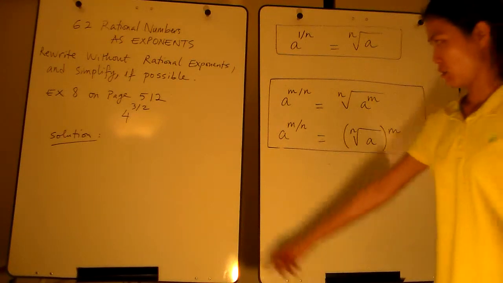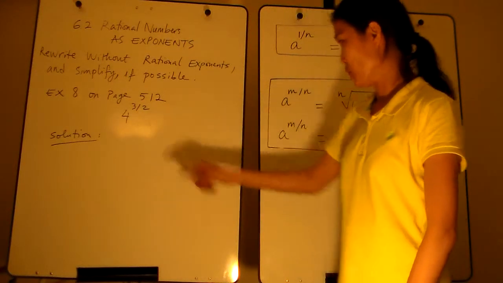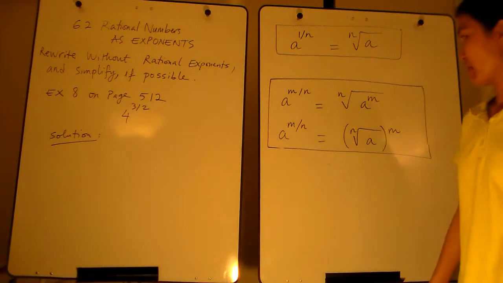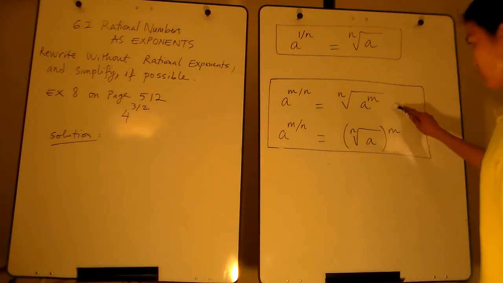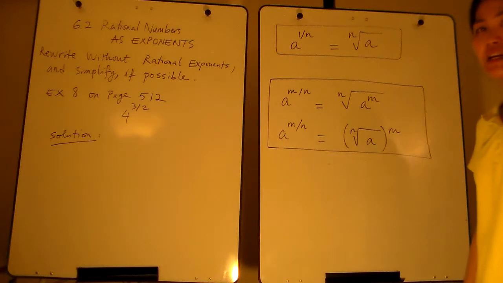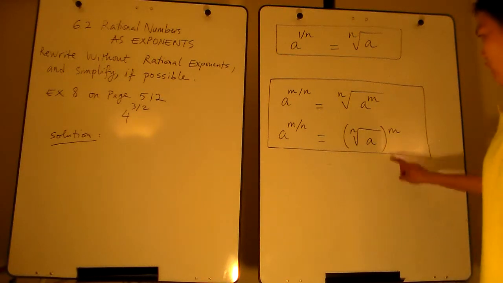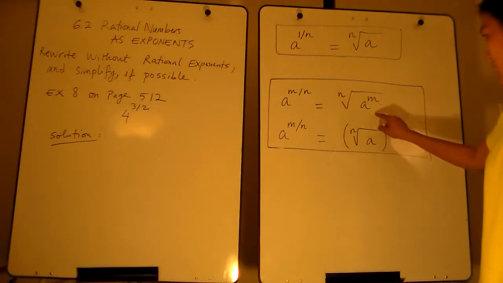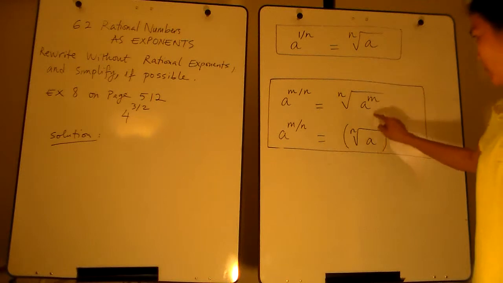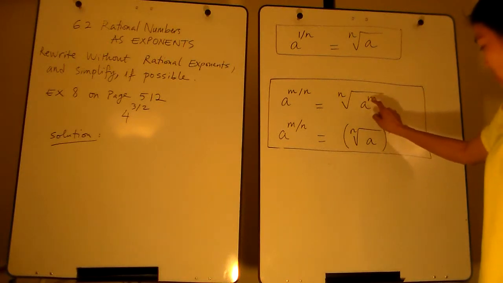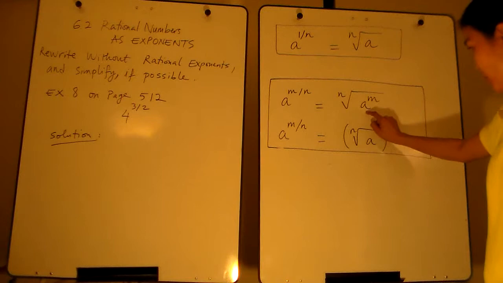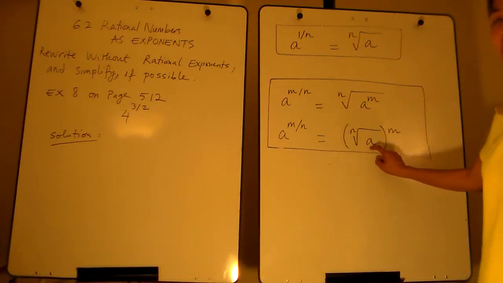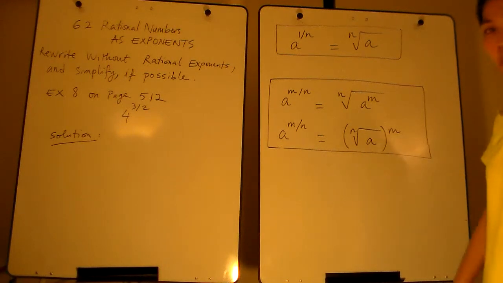We're given 4 raised to 3 divided by 2, which looks like the left-hand side, A raised to M divided by N. You just have to pick either this one or this one. As you've seen in the previous example, this one is actually a bit easier when you simplify. The reason is that this radical is written in terms of the exponent, but this other radical is written in a form that has no exponent.